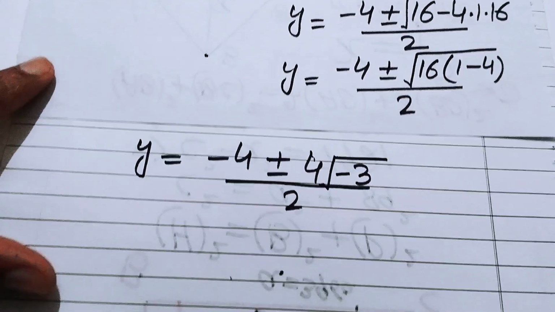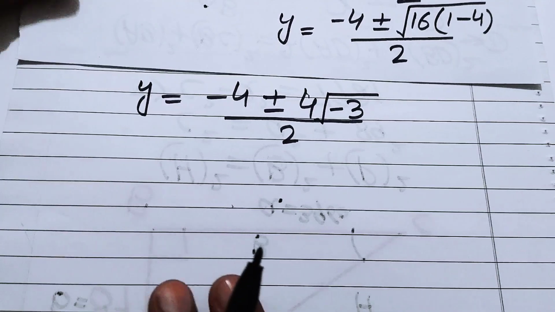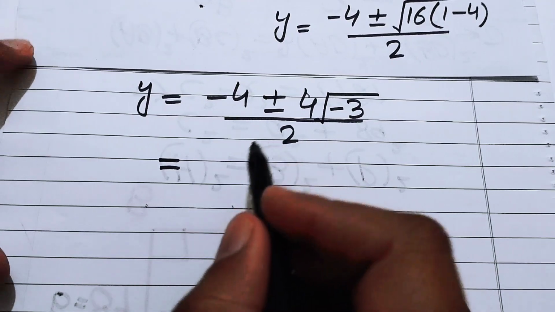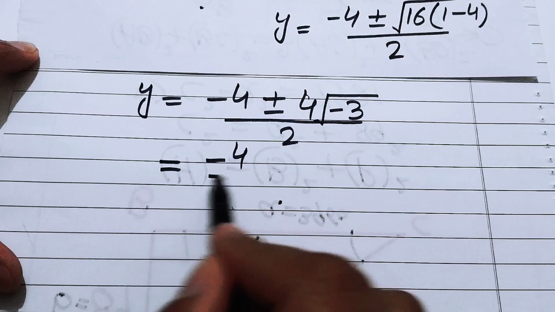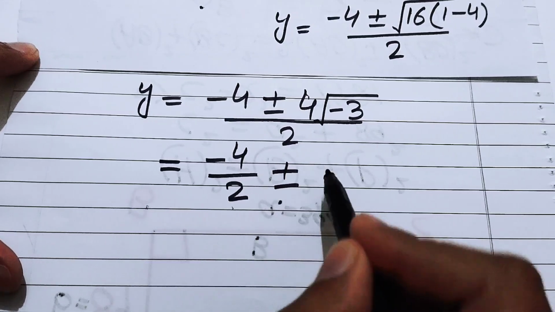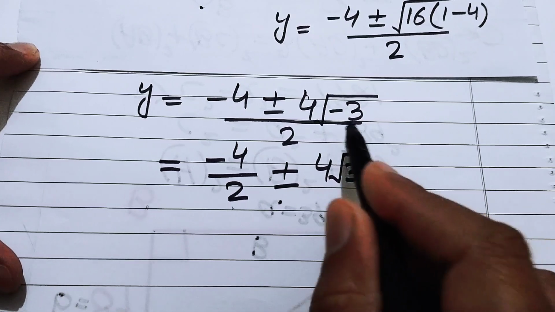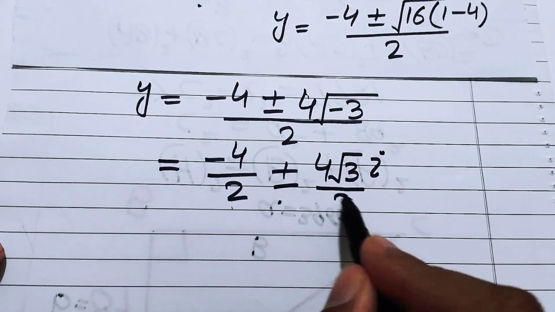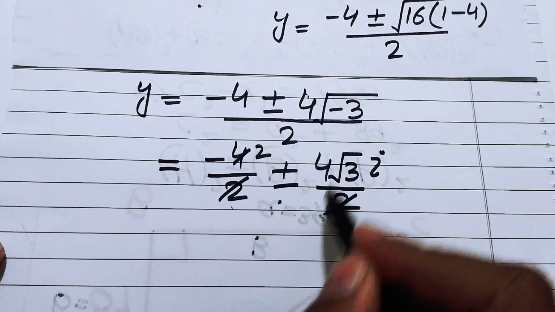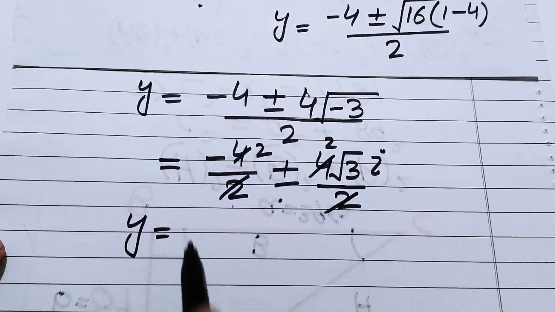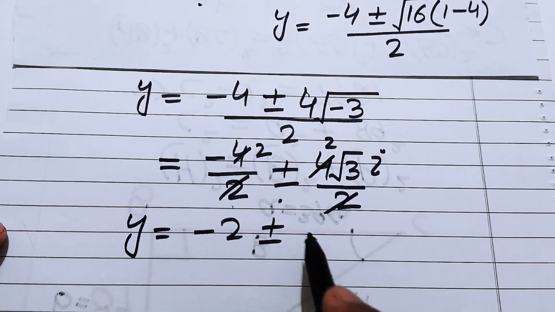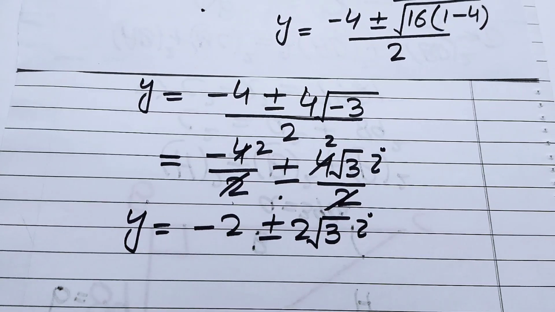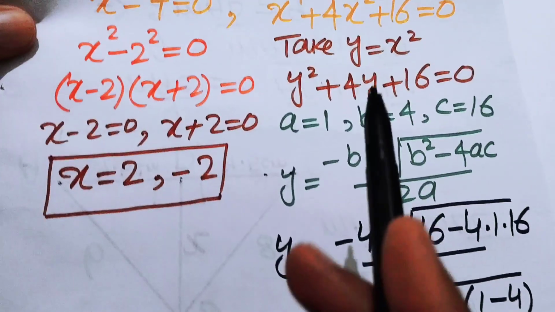Now we have a negative sign inside the square root, which gives iota. So we break the equation as minus 4 over 2 plus minus 4 times the square root of 3 times iota over 2, and the value of y is minus 2 plus minus 2 times the square root of 3 times iota.